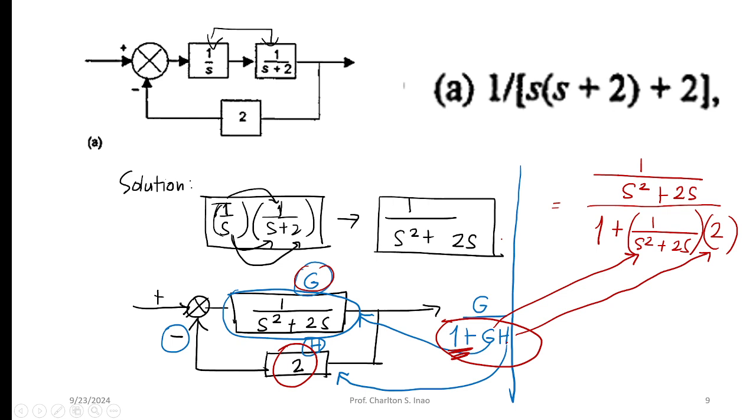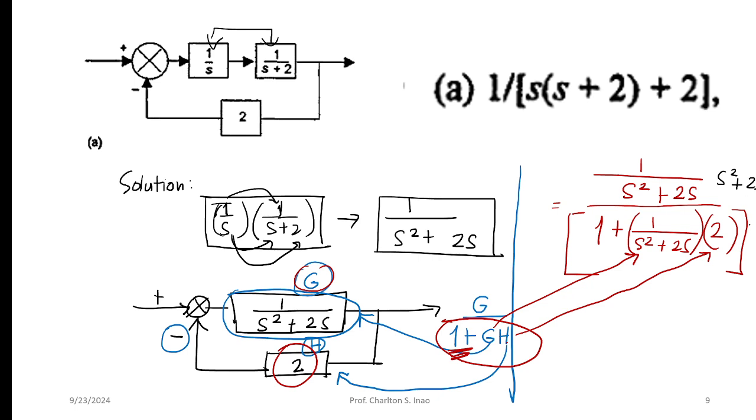Okay? So how do we simplify this? As you can see, there is this denominator, and the denominator is S squared plus 2S. So what we ought to do is multiply this with the same expression in the numerator and the denominator, and that is S squared plus 2S.